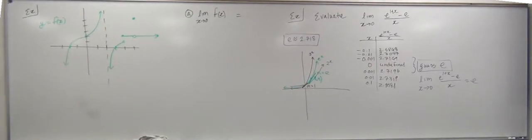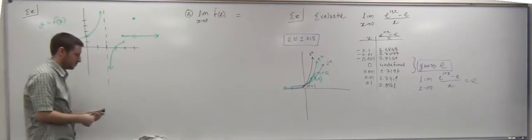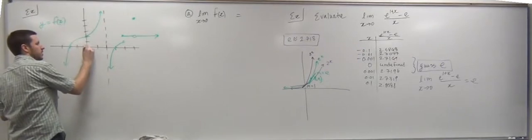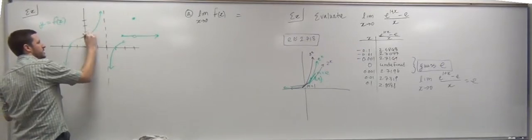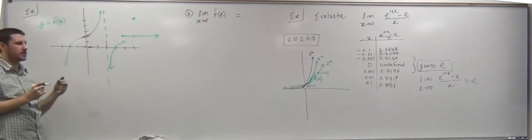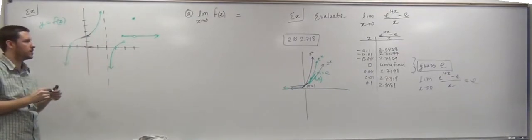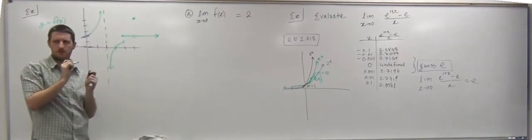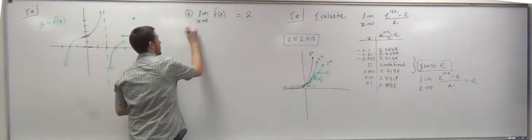What do you think? 2, 3. 2, right? As x goes to 0, your function is going this way, and your y values are zeroing in on 2. Your y values are approaching 2. Does that make sense? What about f of 0?